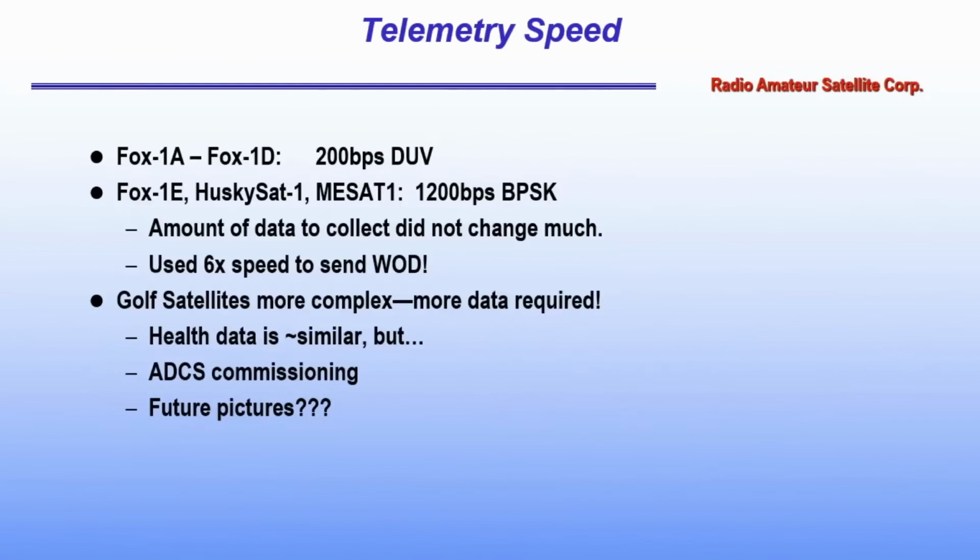ADCS depends on the magnetic fields of the Earth and knowing where you are for a given magnetic field. So there's a lot of commissioning. You need to send down data that was received in the magnetic receivers. Jerry won't like me to say this, but I suppose we might sometime have future pictures. But there's a lot of data that could need to be sent down.